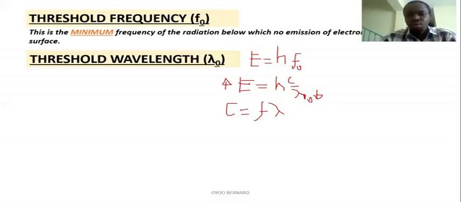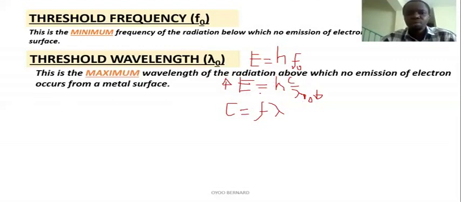If your radiation has a higher wavelength, then the energy due to that radiation will be low. That is the reason why, whereas we were talking of minimum frequency of radiation below which no photoelectric emission occurs, here it will be the maximum, so we talk of maximum wavelength.